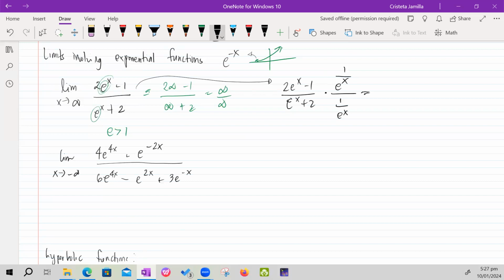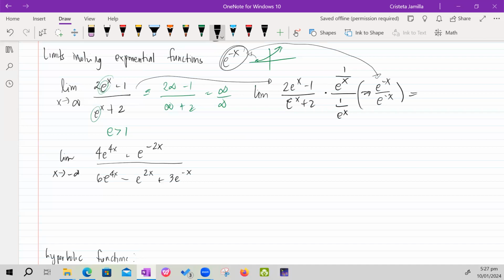Or this is actually equal to e raised to negative x over e raised to negative x, right? So we actually multiplied by that one to remove the e raised to x here.